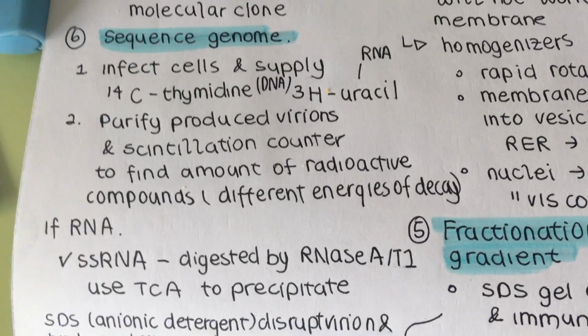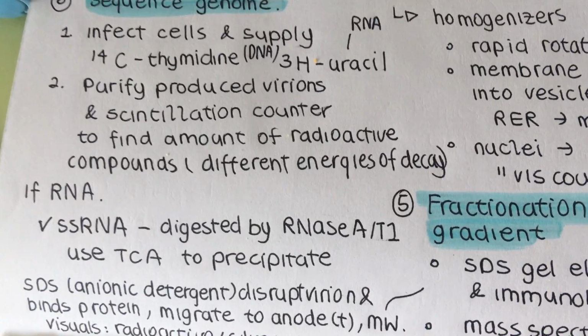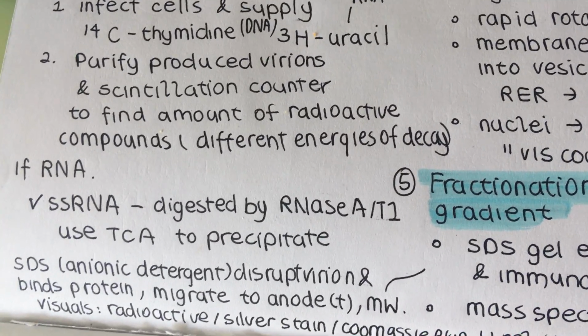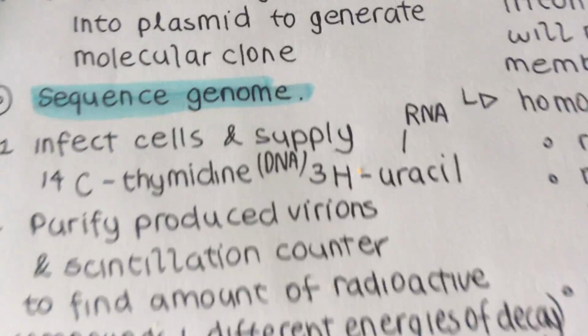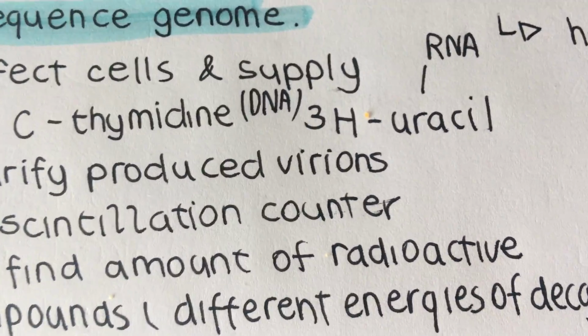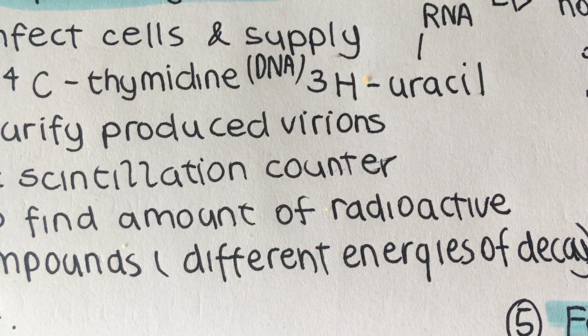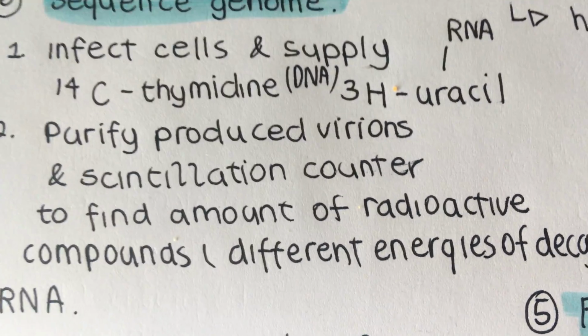Lastly, you might want to look at the genome and determine whether or not it is an RNA or a DNA virus. So the way you do this is by using radioactive compounds, 14-carbon-thymidine and hydrogen-3 uracil.